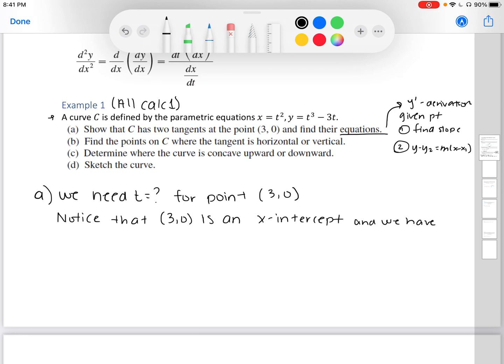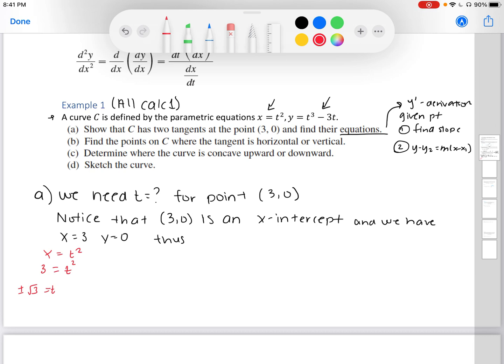And so this particular intercept is telling us that when x is equal to 3, y is equal to 0. Thus, using our equations, x equals t squared and y equals t cubed minus 3t, we can find our t. We can use the x. I think the x would be easiest. Since x is equal to t squared, and we're told that x is 3, we're left with t equaling plus or minus the square root of 3.